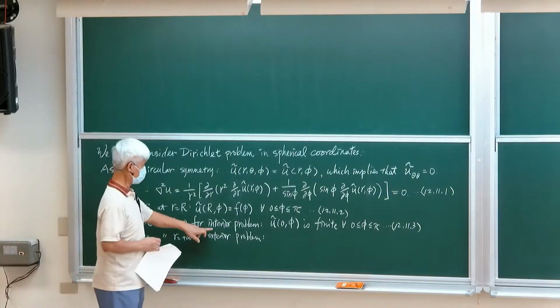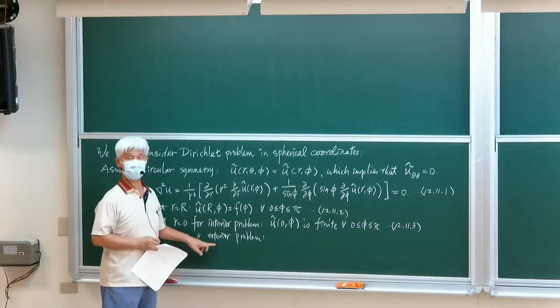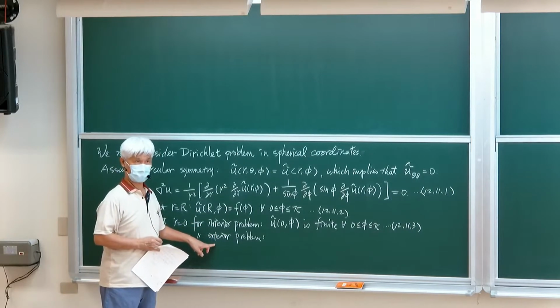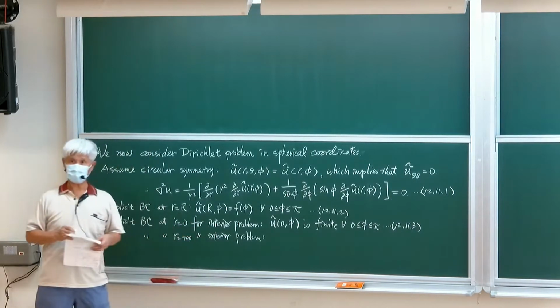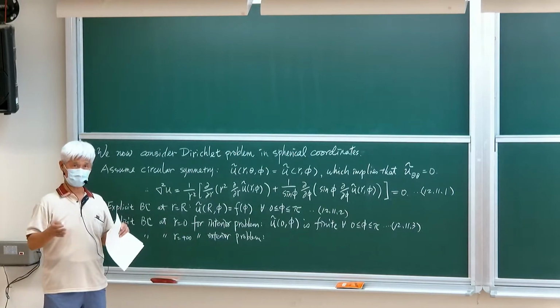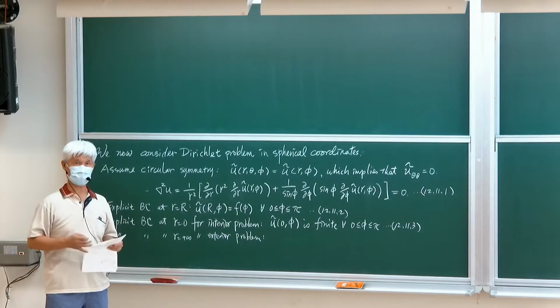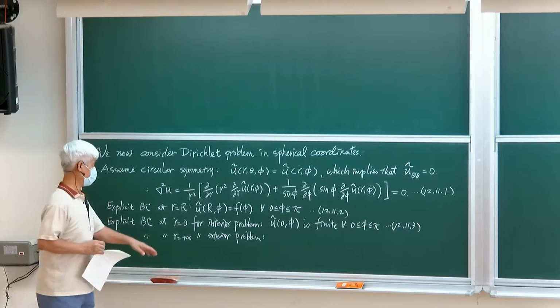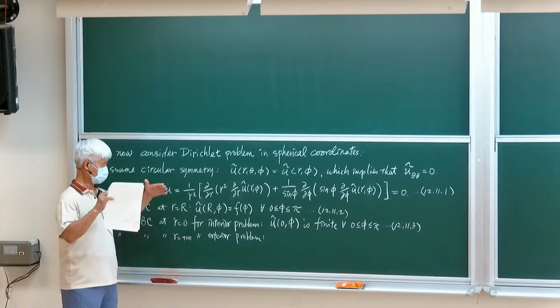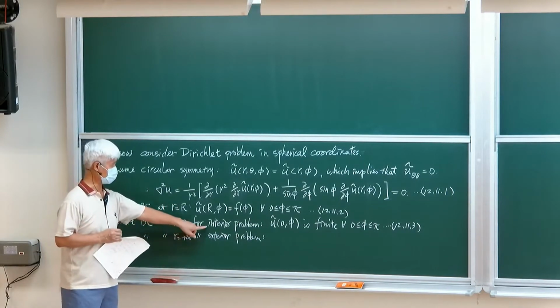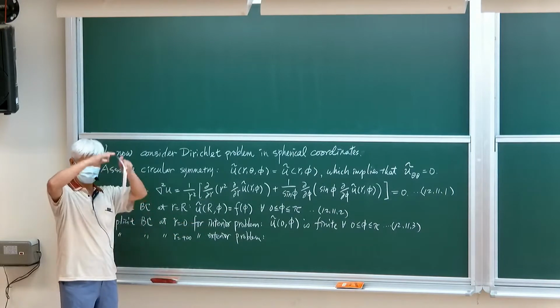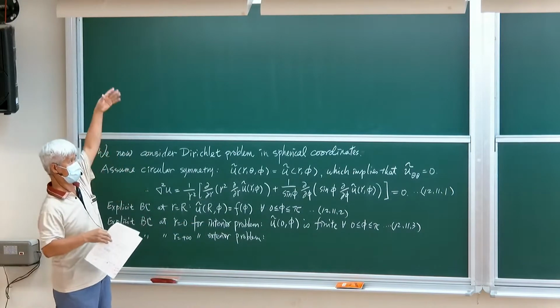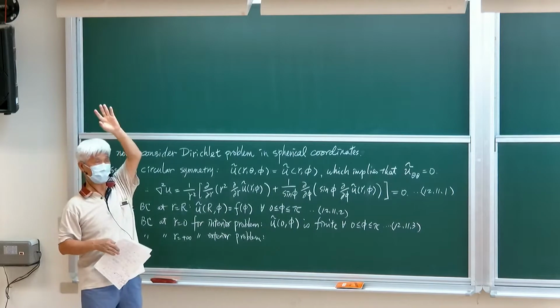One is called the interior problem. The other is called the exterior problem. For the exterior problem, we specify the potential U tilde outside of the sphere, for r going up to infinity.